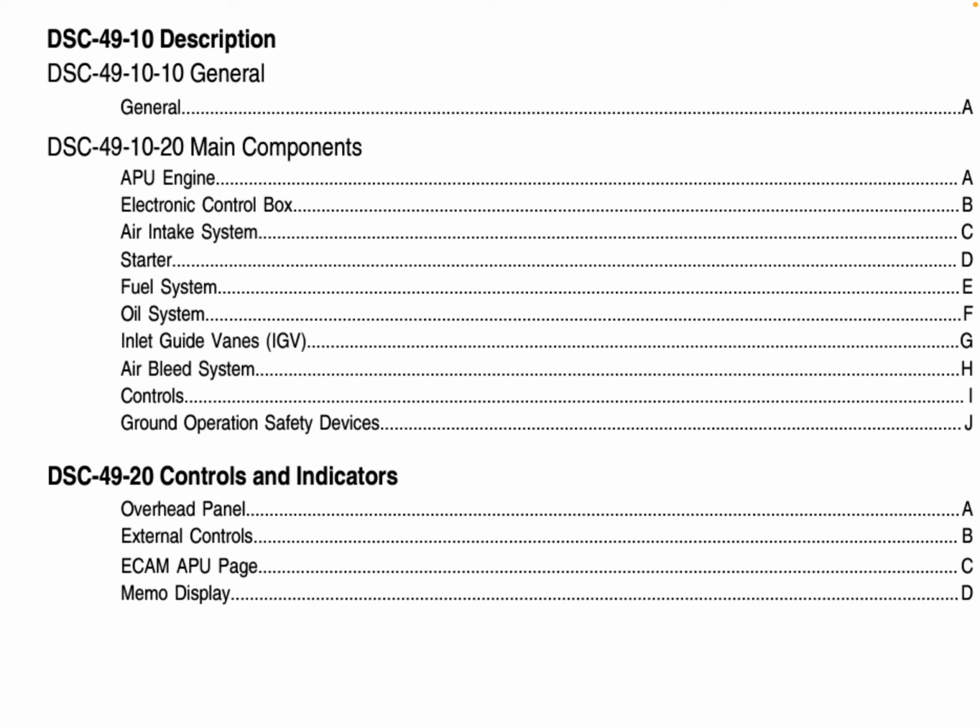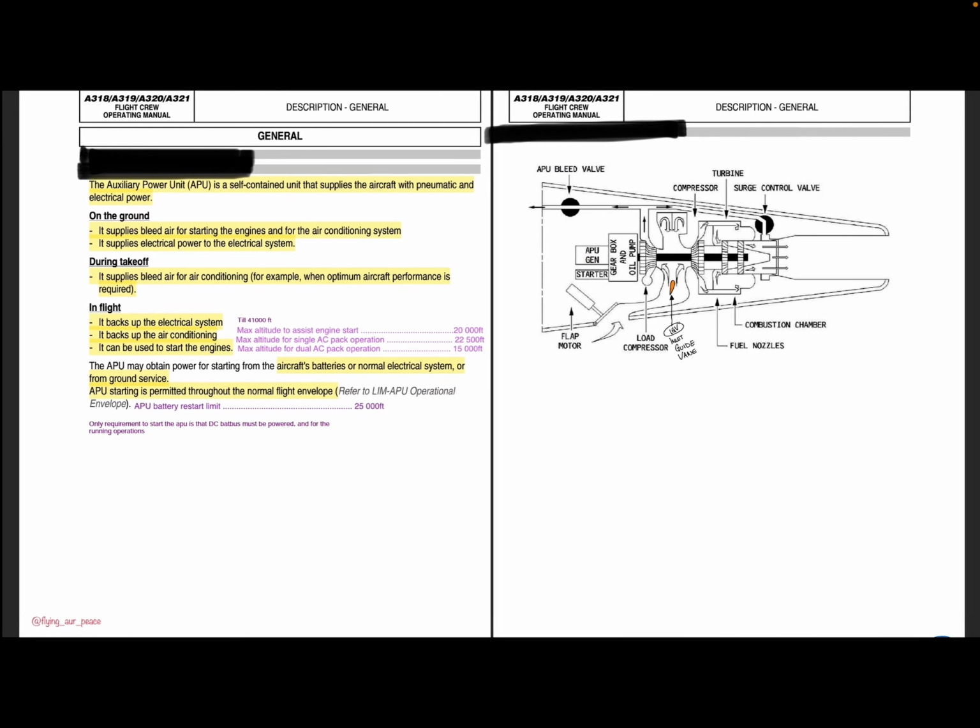We will discuss the air intake system, how the air is taken from outside to the APU, then how the starter works, then how the fuel is supplied to the APU, then the oil system, then IGVs, then the air bleed system, how APU provides bleed to the aircraft, and then further the ground operation safety device, and then in the end controls and indications. So let's start.